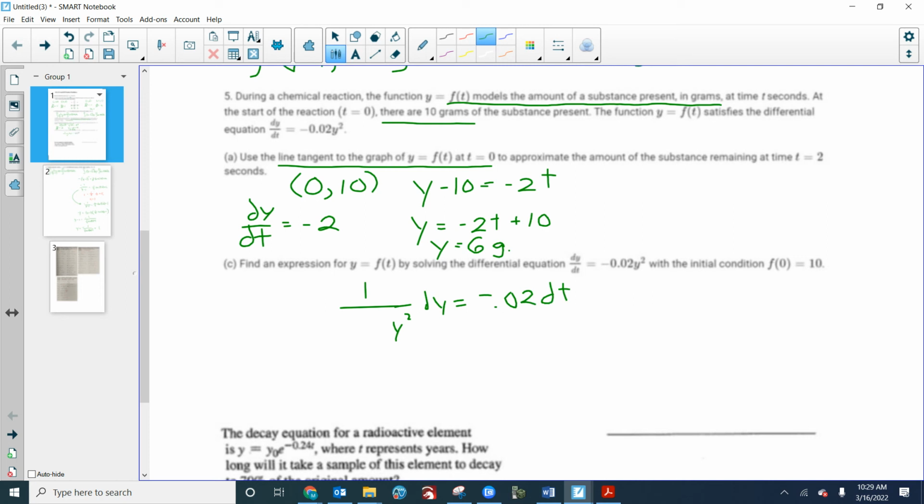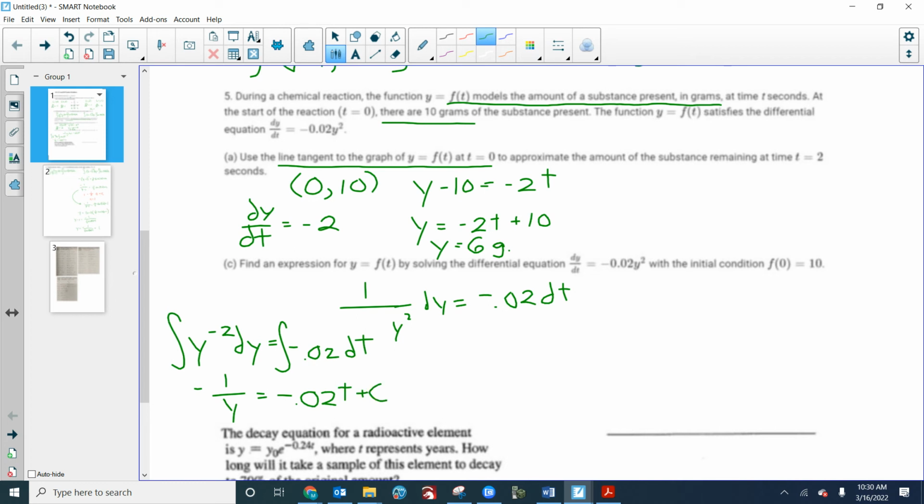All right, so we have y to the negative 2 dy equals negative 0.02 dt. We have negative 1 over y as the antiderivative, equals negative 0.02 t plus a constant.